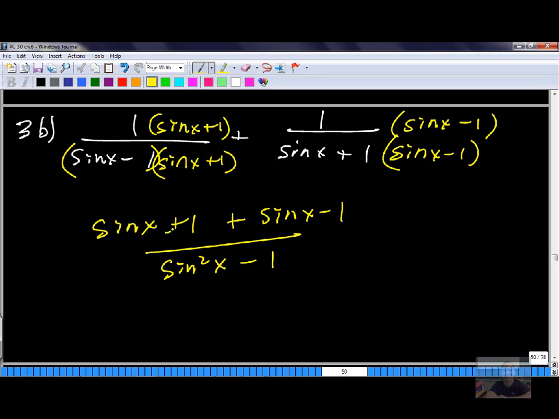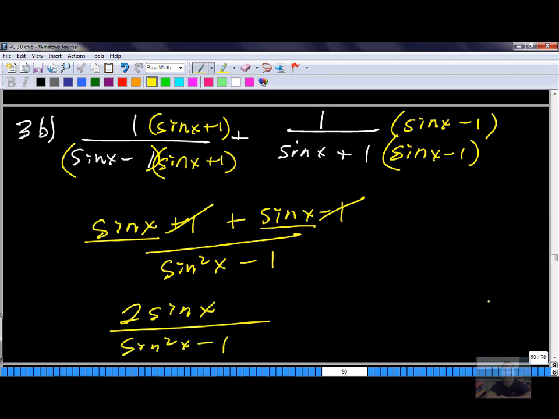And yeah, you would just say a plus 1 and a minus 1, and a sine x and another sine x. So this would be 2 sine x over sine squared x minus 1. And that would probably be your simplest version there of one single term.